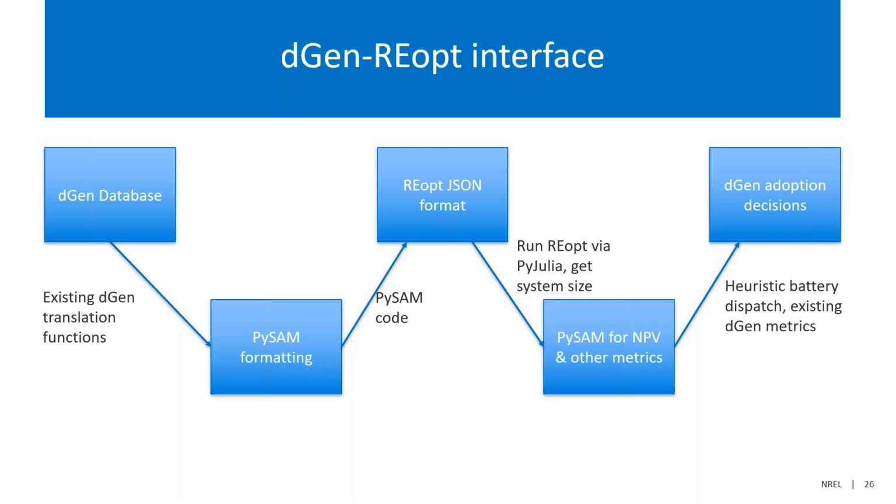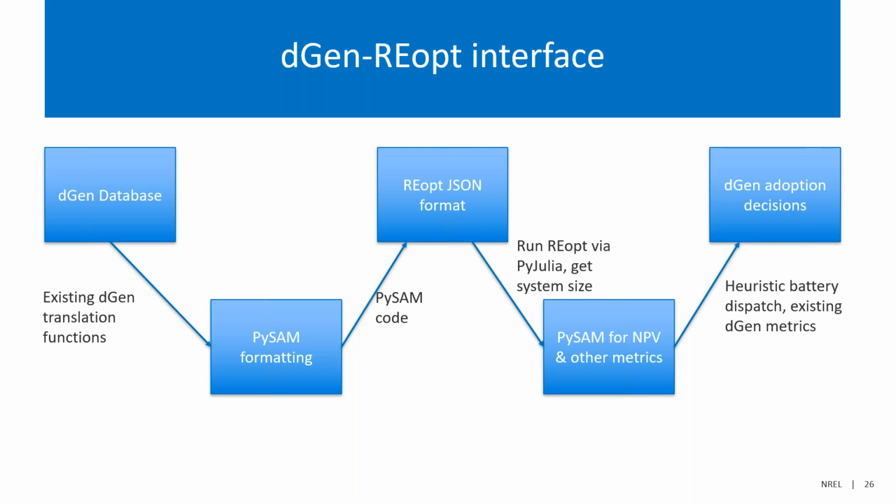And then we pass that off in the REopt JSON format to REopt via PyJulia. PyJulia is just a Python Julia interface, since Dgen is written in Python and REopt is written in Julia. We're able to run REopt via that method and get the system size back.